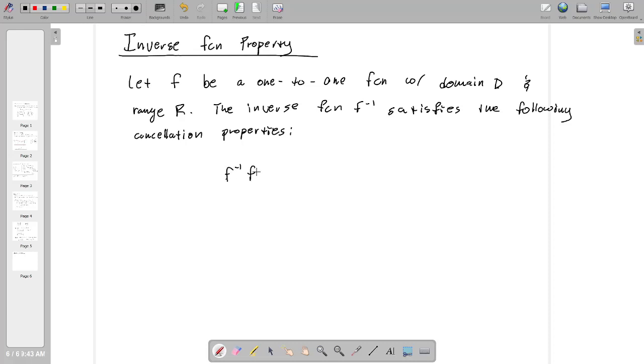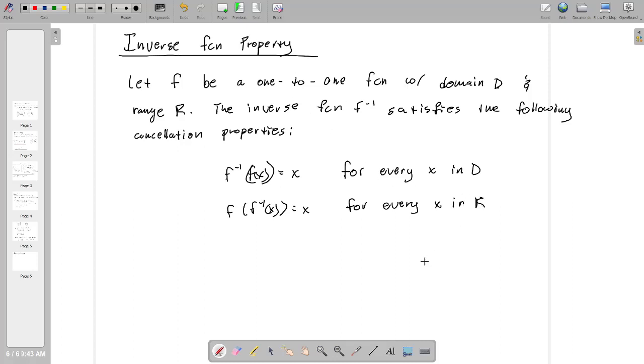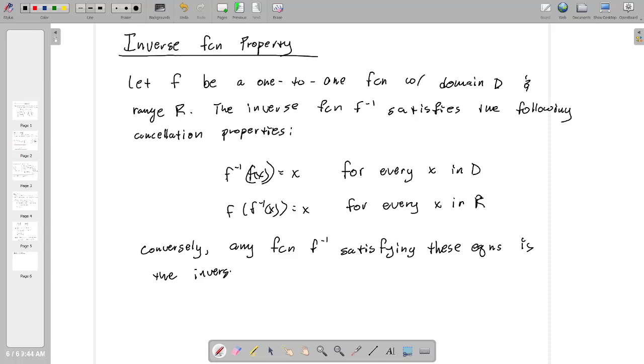F inverse of f of x is equal to x for every x in D, and f of f inverse of x is equal to x for every x in R. Conversely, any function f inverse satisfying these equations is the inverse of f.